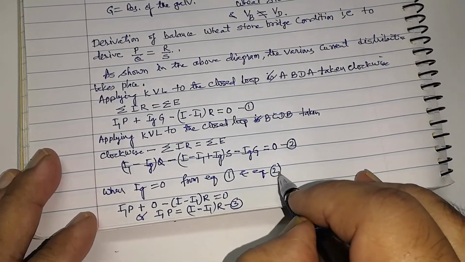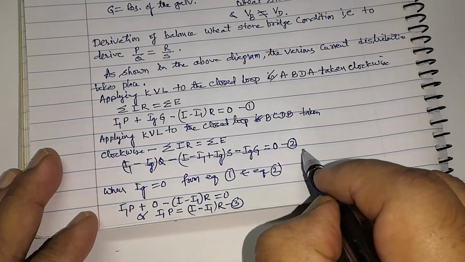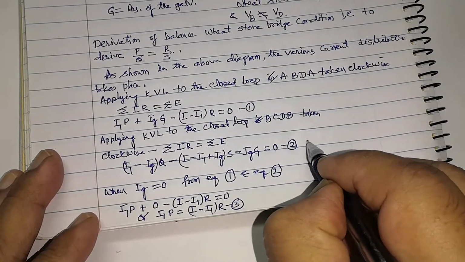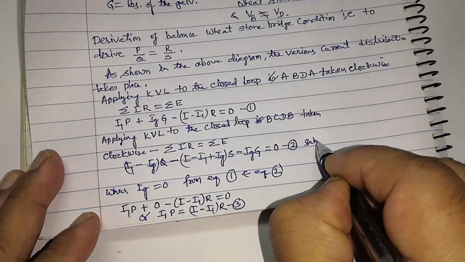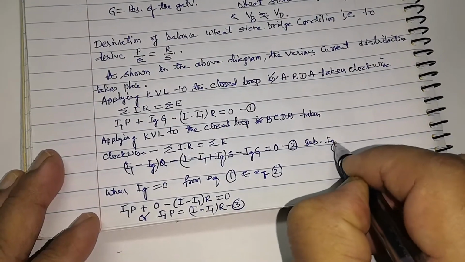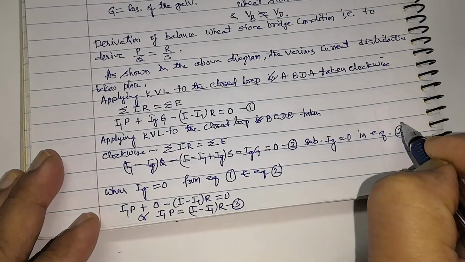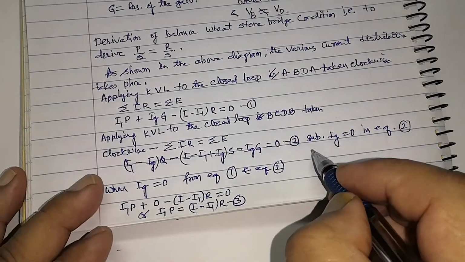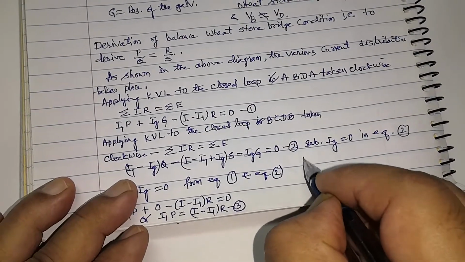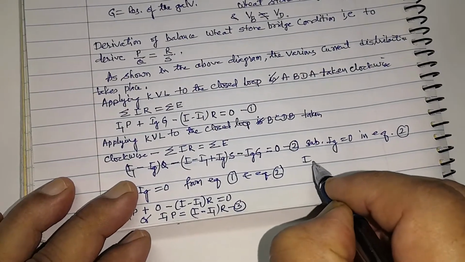Now substituting Ig equal to 0 in equation 2, what we are going to get? Just observe carefully.